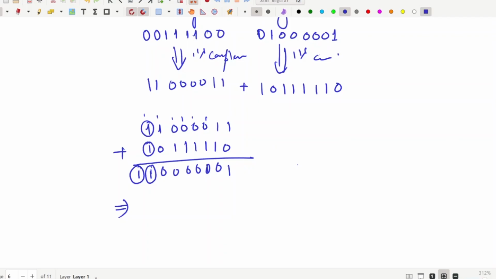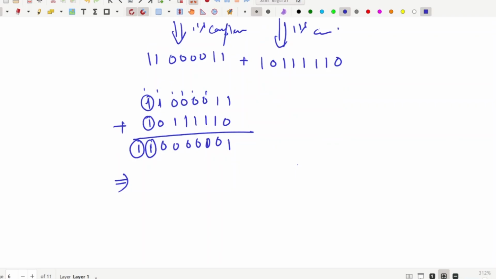Then we take the ones complement of the result, that is 0 1 1 1 1 1 1 0, and this represents 125. So the result is negative of this, because the sign bit is the same as in both numbers, which means the result is negative.